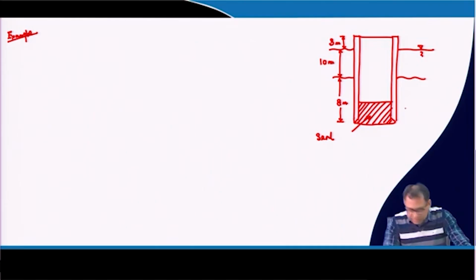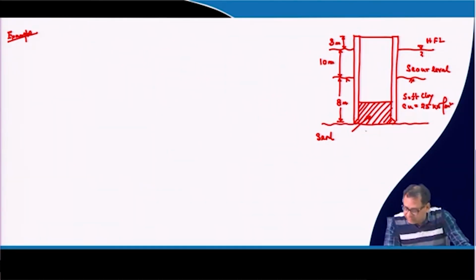So, this is the scour level, this is HFL, and the properties are: this portion is soft clay whose Cu is 25 kilonewton per meter square, and then it is resting on a bearing strata.